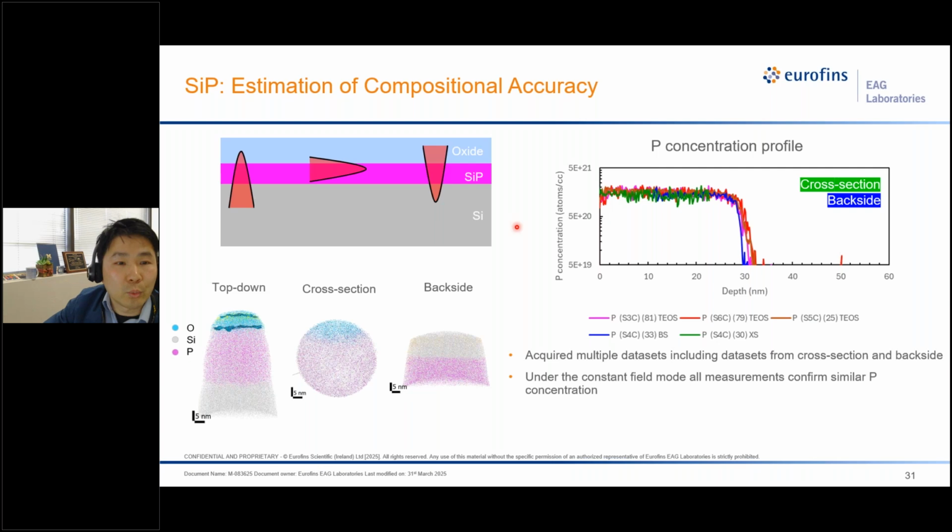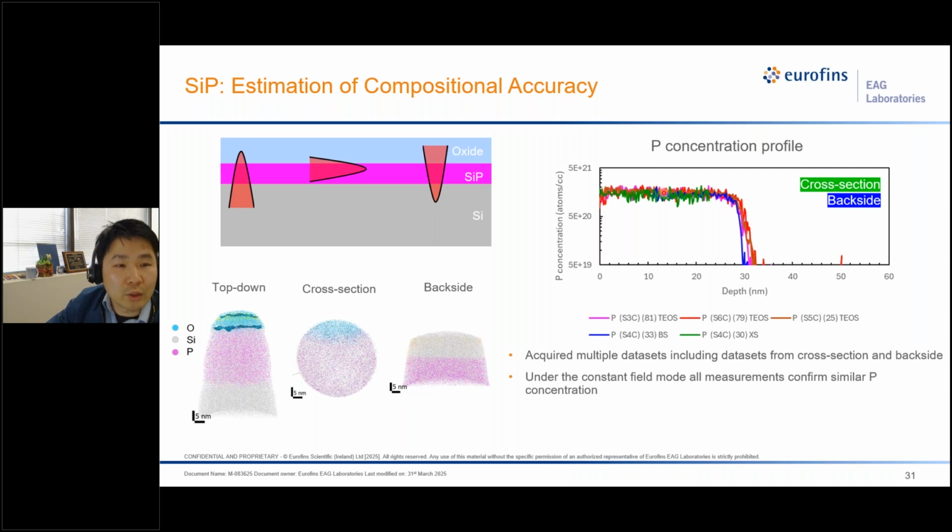In the plot, we put the cross-section data in green and the backside data in blue. You can see we get a very consistent measurement for the phosphorus concentration in the silicon phosphide, indicating the analysis is not biased by the direction of the analysis.